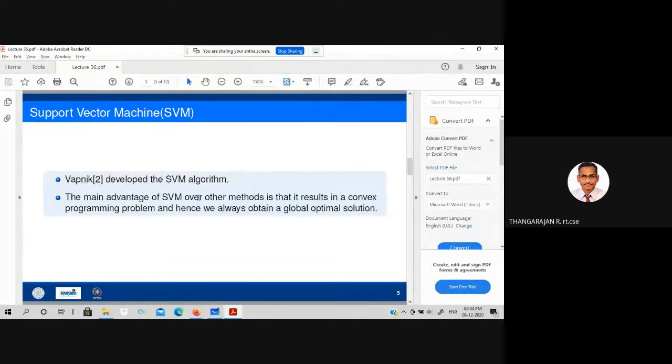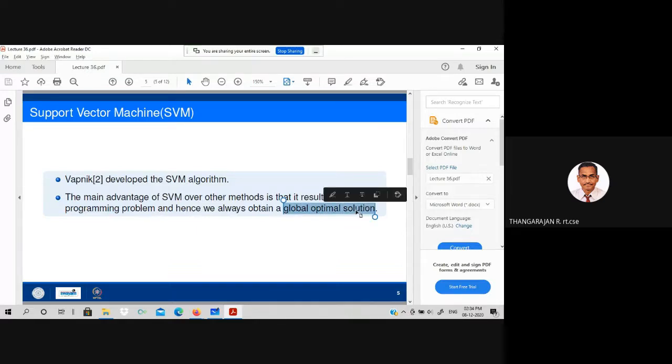And the main advantage of support vector machines over other methods is that it results in a convex programming problem, and you can always obtain a global optimal solution. If the problem happens to be a convex programming problem, then we are guaranteed to find a global optimal solution.